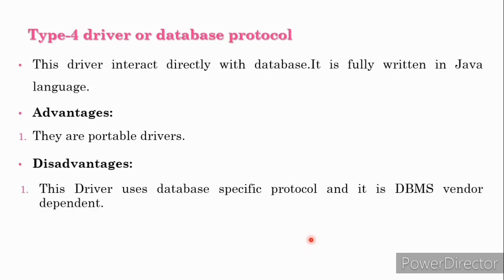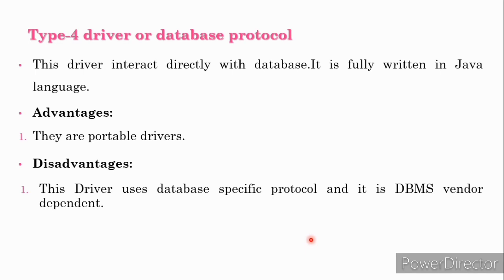Next is the type 4 driver or database protocol driver. This driver interacts directly with the databases, it is fully written in the Java language, and it does not require any native database library. That is why it is also known as a thin driver. The advantage is that these drivers are portable.